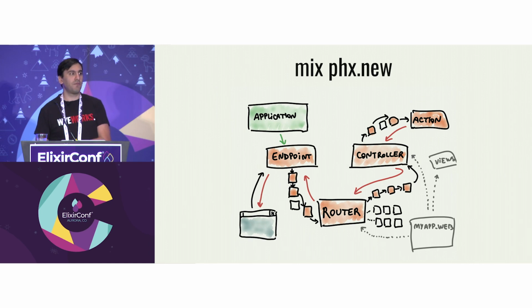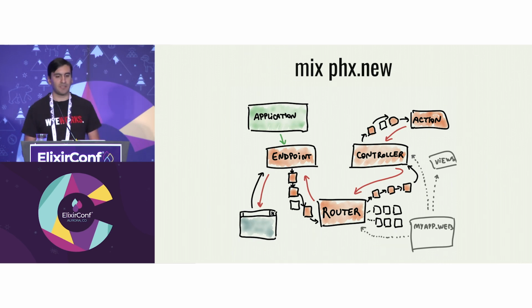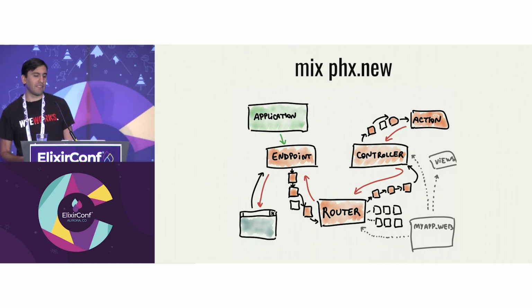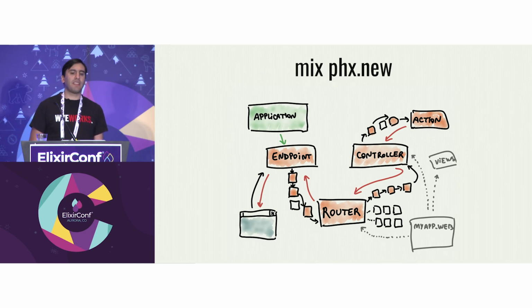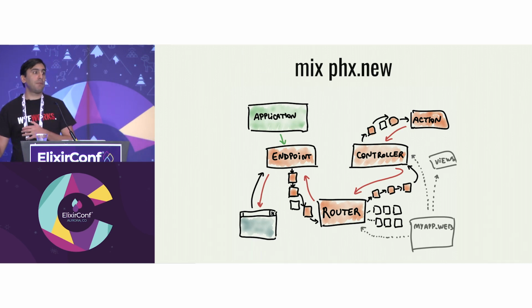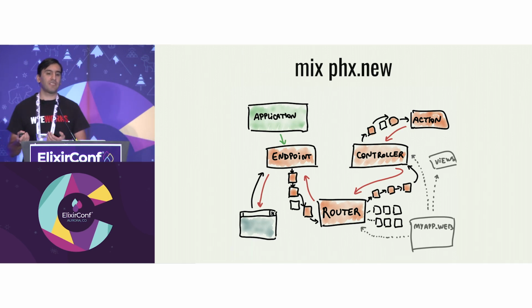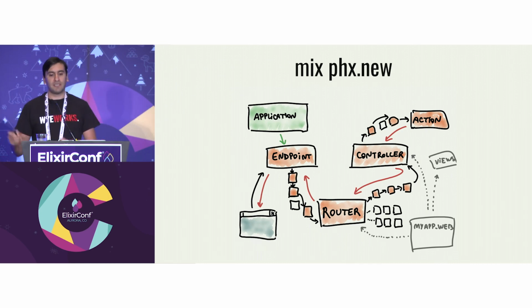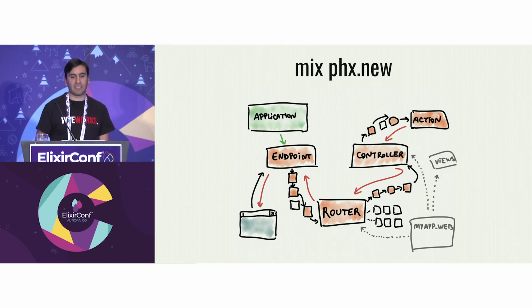I wanted to focus today on the things that we usually have in our project, but we just take for granted. Remember that at the end of the day, each request will be handled by a sequence of ordered plugs. I mean, it's just going to be a row of function invocations until we have a final version of the connection struct.